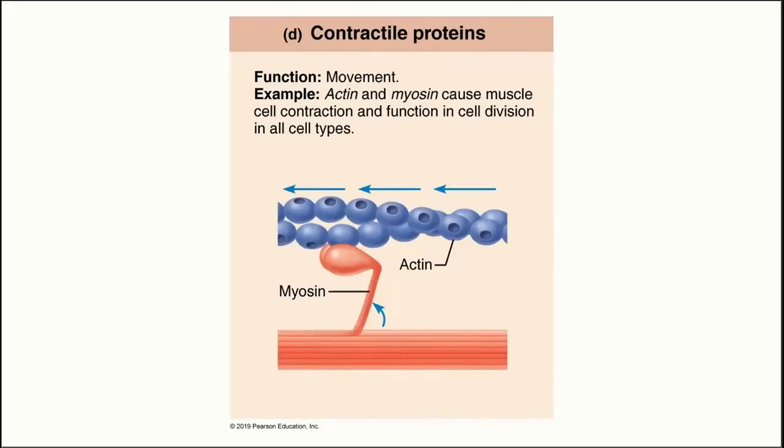Some proteins, particularly in muscles, like actin and myosin, function in contraction, where we see the muscle shortening and generating a pulling force. So muscles can pull things like bones; particularly skeletal muscles generate pulling forces to move bones.